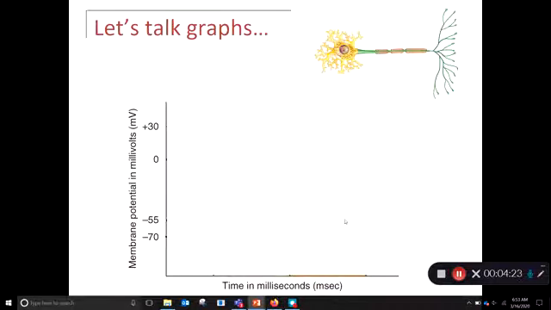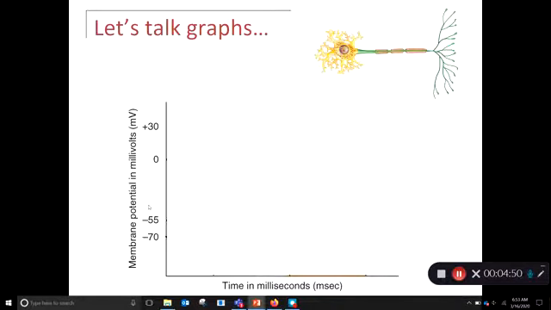Before we get into how this changes, let's look at this beautiful graph right here. On the x-axis at the bottom, you got time in milliseconds, and the action potential signaling occurs in milliseconds. Thankfully, it's in milliseconds. If it weren't, we'd be very, very slow and probably non-existent creatures in the belly of a whale or what have you.